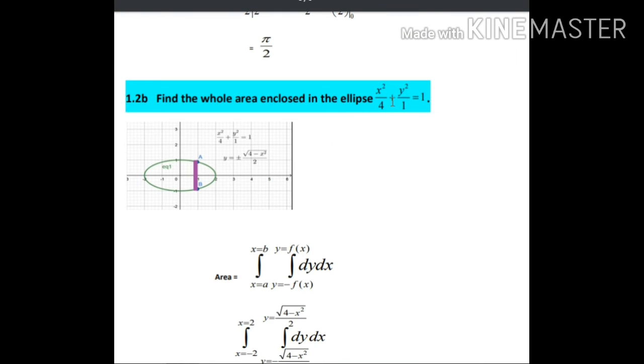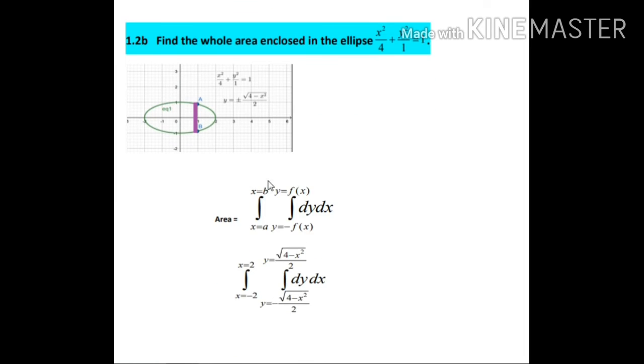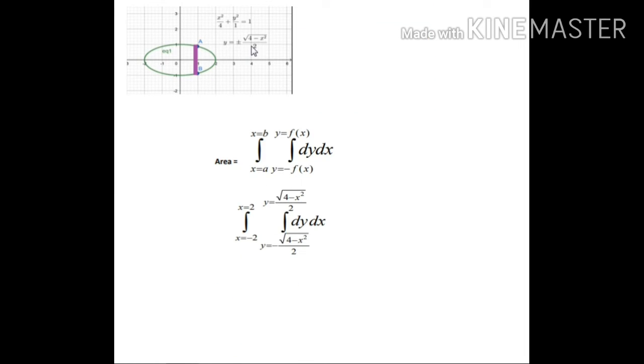If we simplify the equation of the ellipse for y, we get y square by 1 equals 1 minus x square by 4, which gives y equals plus minus under root 4 minus x square by 2. So plus minus under root 4 minus x square by 2 means y varies from a negative value to a positive value.